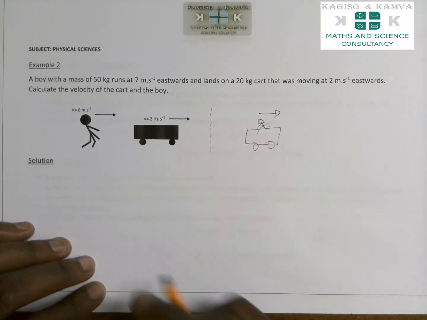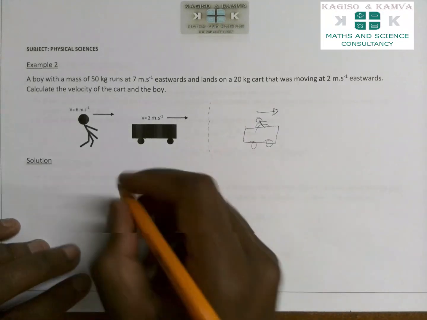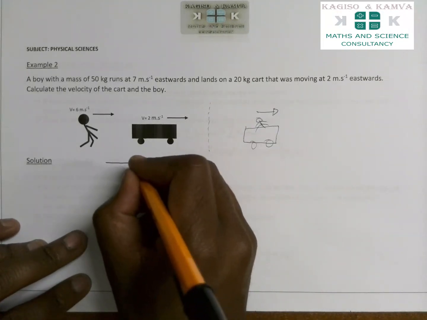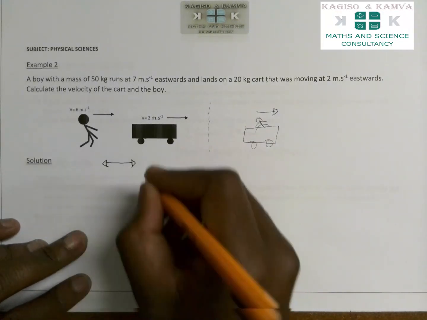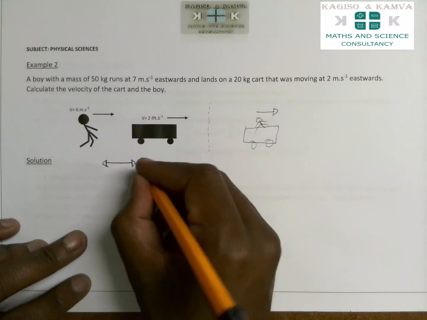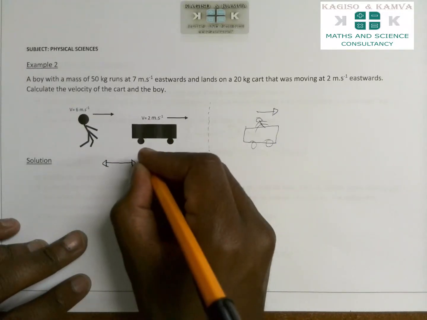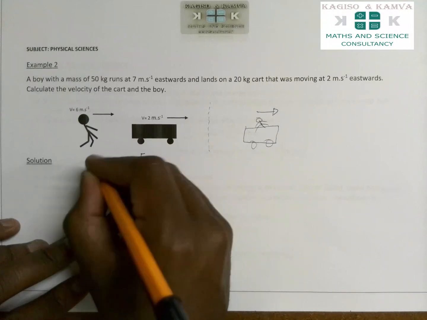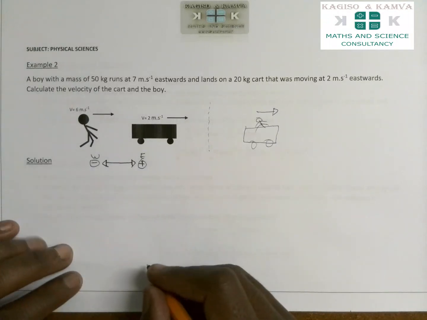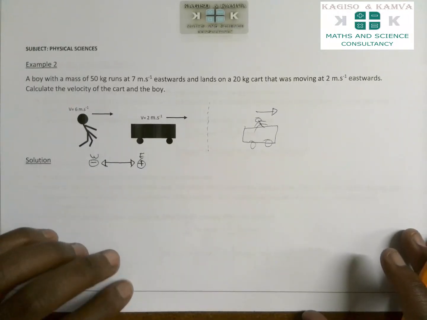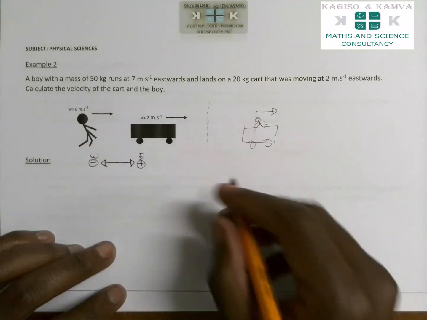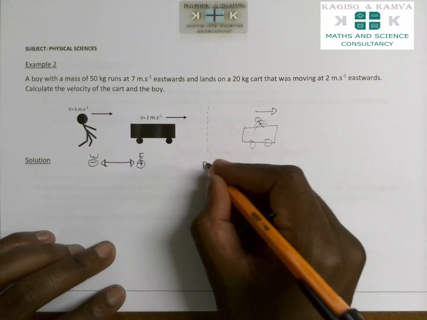Before we attempt to answer the question, we indicate the direction. East will be positive, and west will be negative. Now let us collect our data.